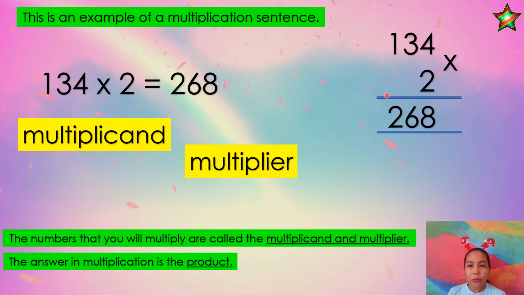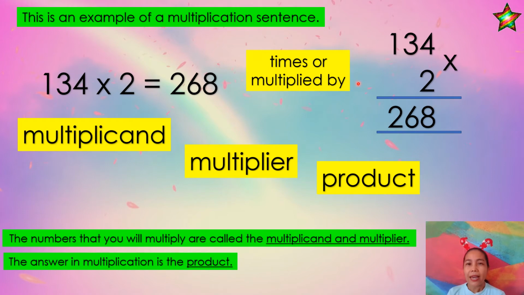The number 2 is the multiplier. Product. The number 268 is the product. Times or multiplied by. This letter X or the symbol X is called or read as times or multiplied by.